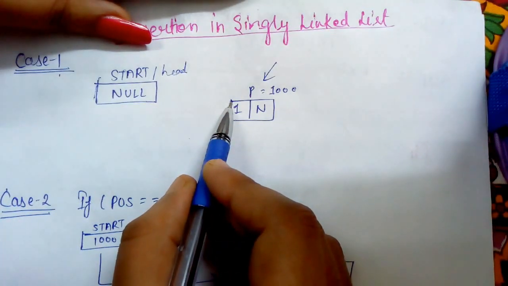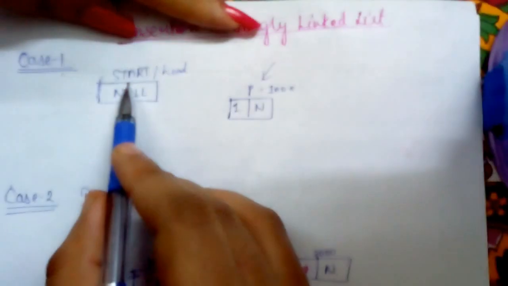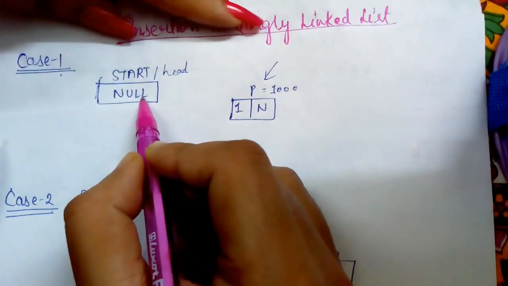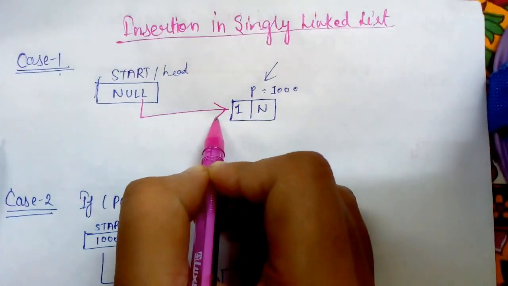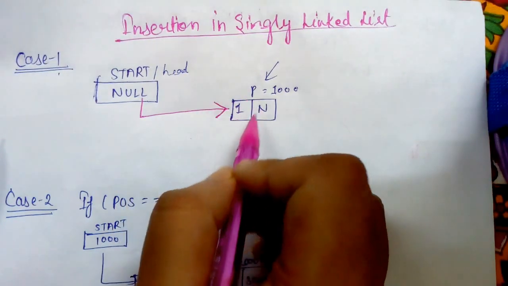How can I place this node? If I make start point at this node, so start will always point at the first node in the linked list, this will be my first node.